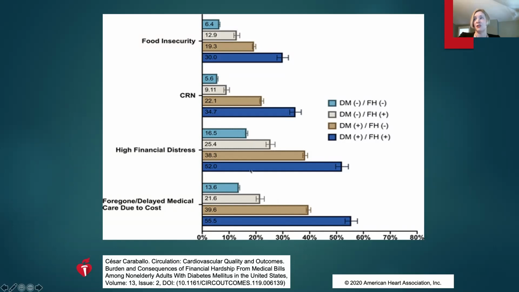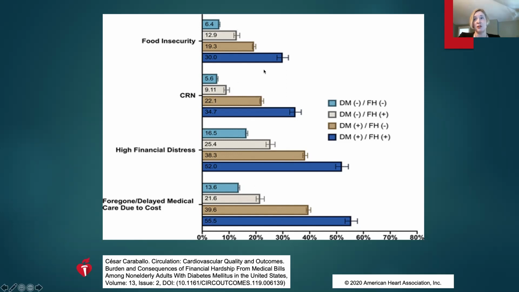You can see here that those with diabetes without financial hardship, in the darker brown bars, had higher rates of food insecurity, higher rates of cost-related medication non-adherence, higher rates of high financial distress, and higher rates of foregoing medical care due to cost than those that did not have diabetes, but that did report financial hardship related to medical bills. And that's in the lighter brown.